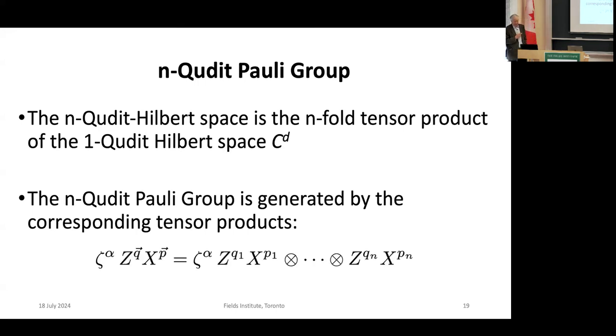So it's generated by the corresponding tensor products, where you take a Z and X, there are D squared of them in each tensor product, and take some powers, and those are the generators of the Pauli group for n qubits.